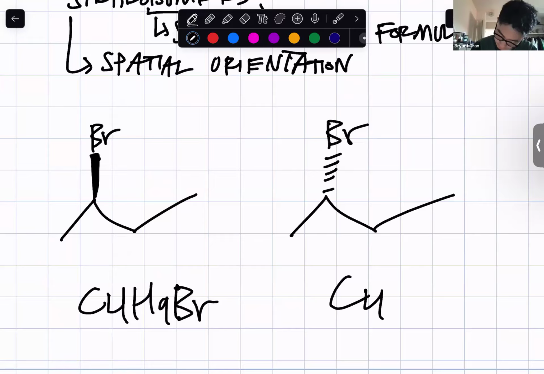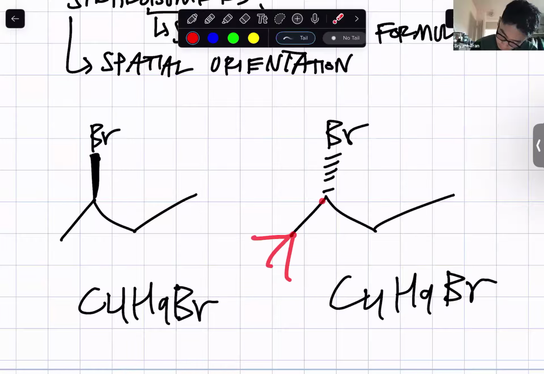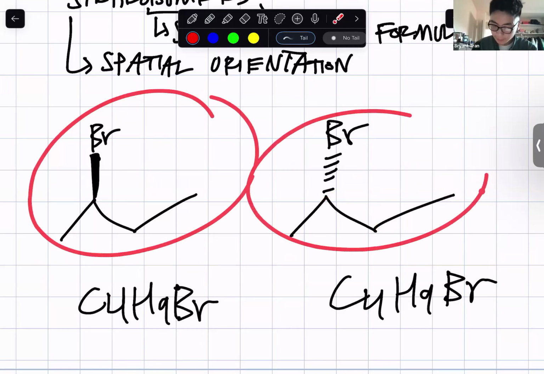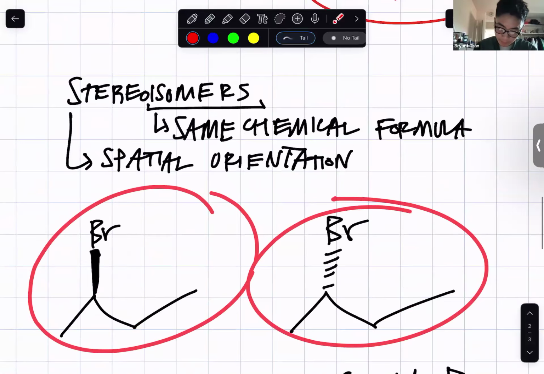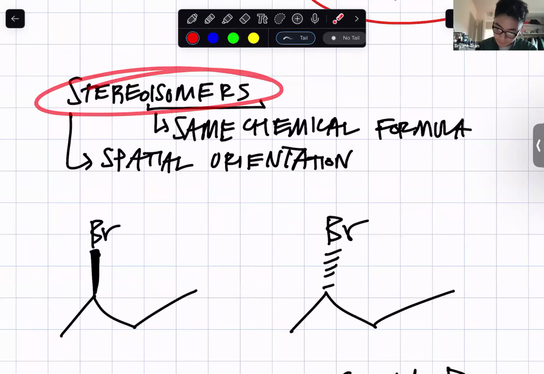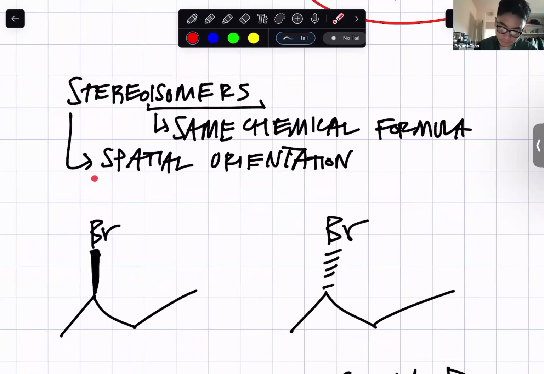Same thing for this one: C4, H9, Br. These two molecules have the same chemical formula, C4H9Br, but they are stereoisomers of each other because they have different spatial orientation.